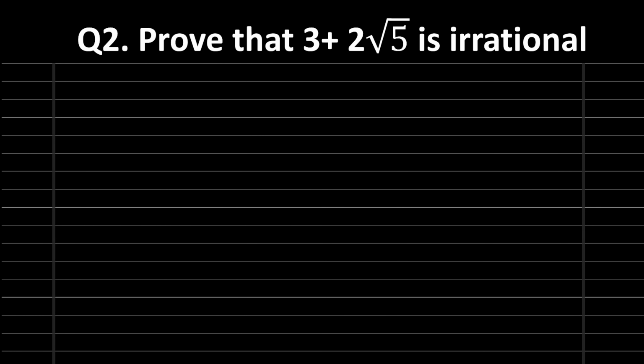So what can we write down? We will note that root 5 is an irrational number. We know that. Right? And the right hand side that we got, P minus 3Q upon 2Q, is rational.